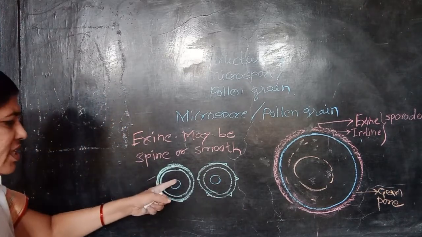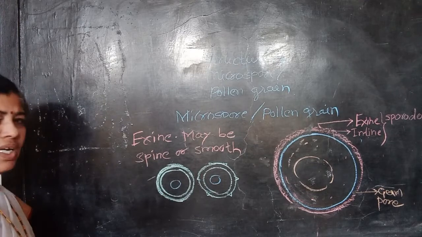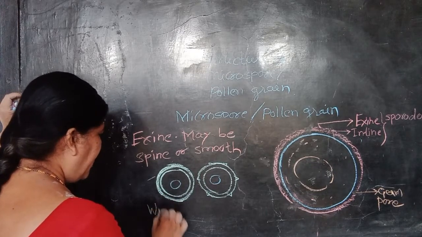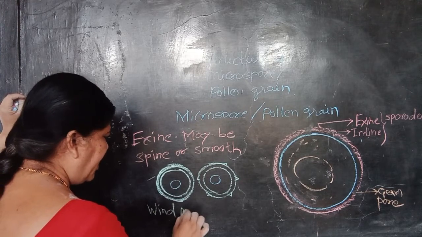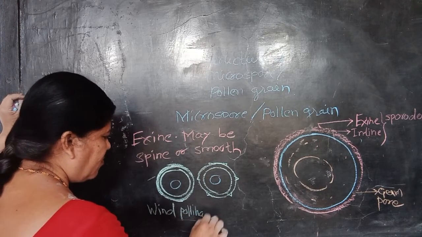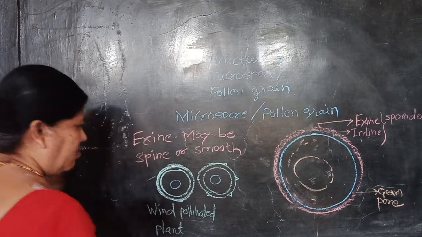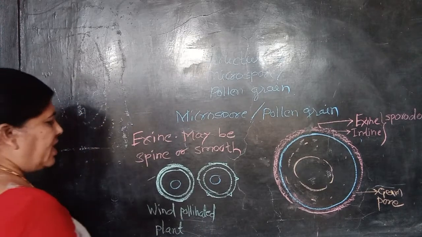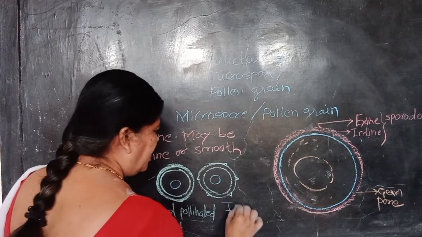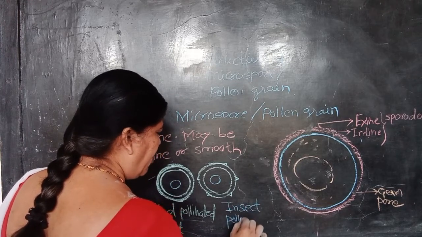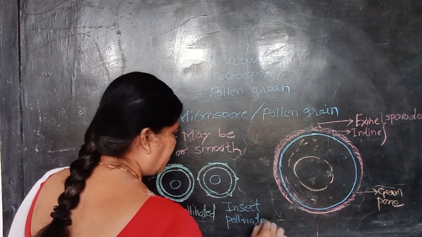Such pollen grains, that is smooth-walled pollen grains, are found in wind pollinated plants. But spiny pollen grains are present in insect pollinated plants and bird pollinated plants.